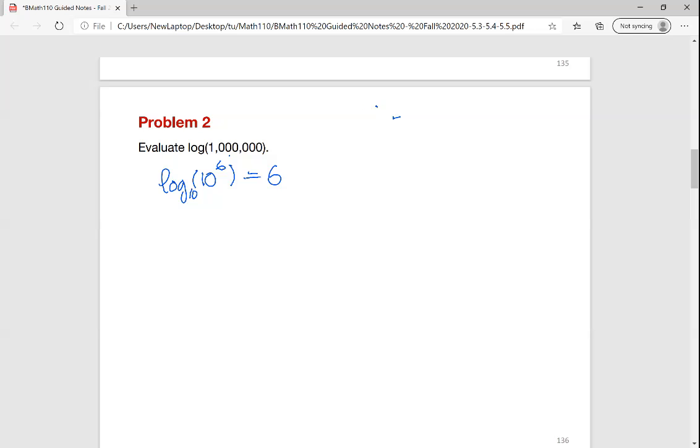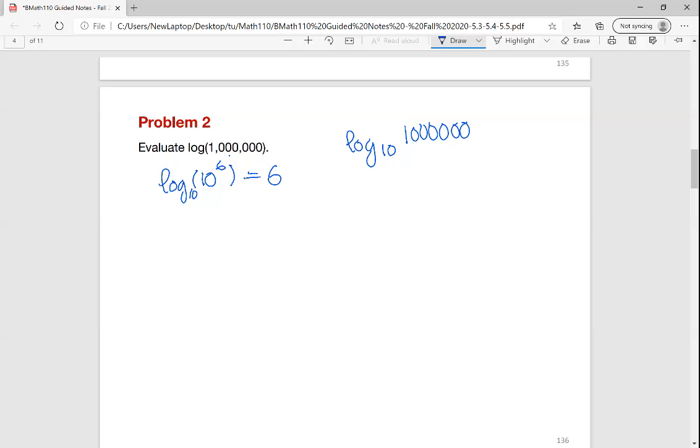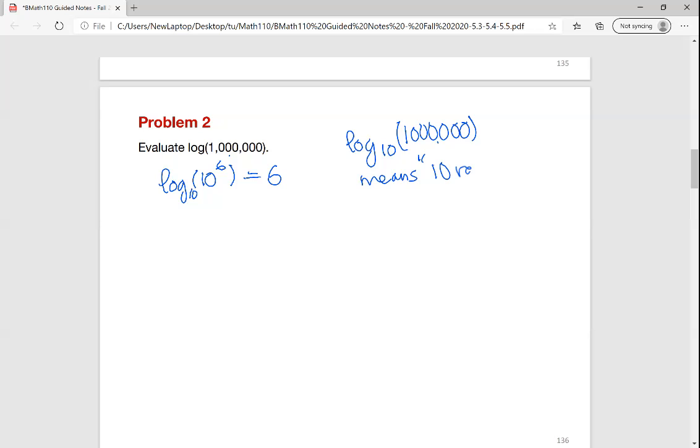Or if you write it like this, log base 10 of 1 million, you can think of it as meaning: 10 raised to what to get 1 million? 10 raised to what to get 1 million?